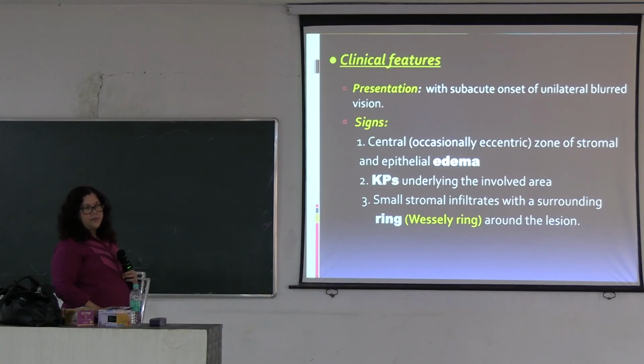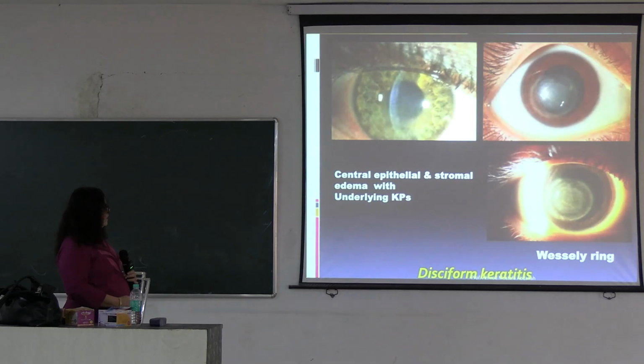This ring-shaped structure is called the Wessely ring. Here, this is the Wessely ring. You see it? The center part is the disciform keratitis, and this ring is formed around it. It is most common in disciform keratitis.